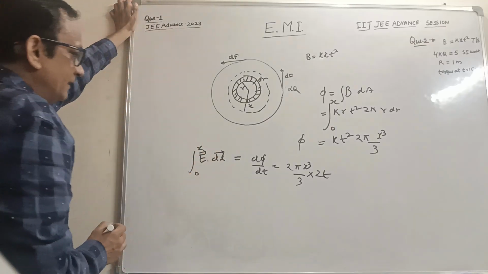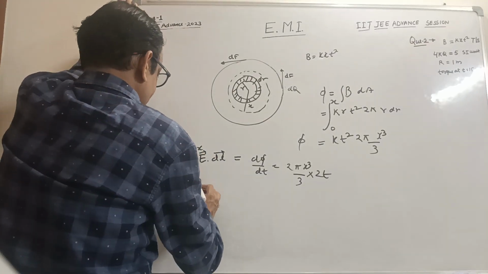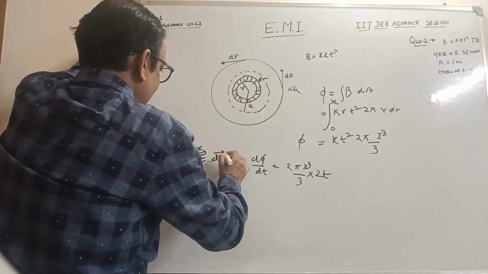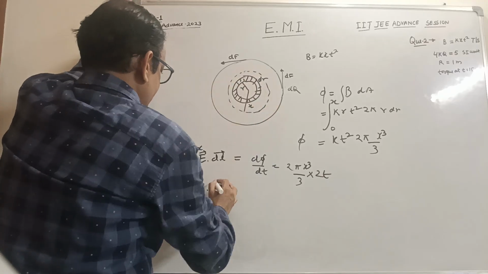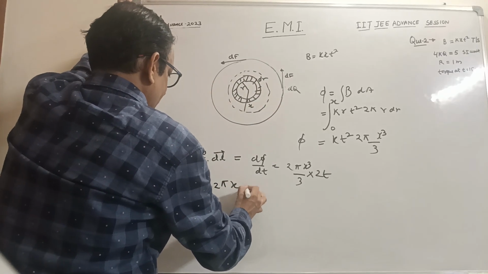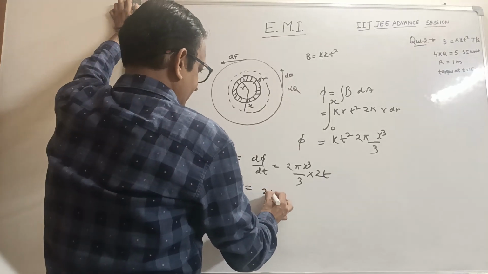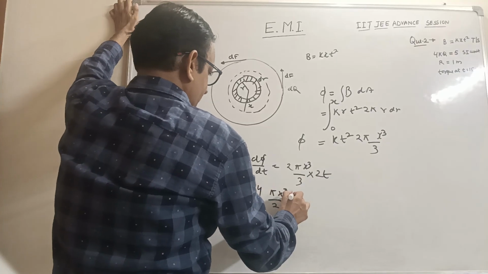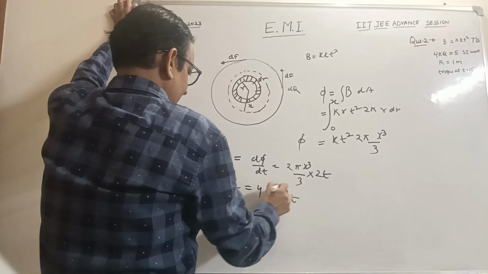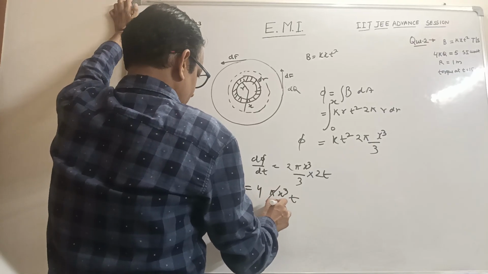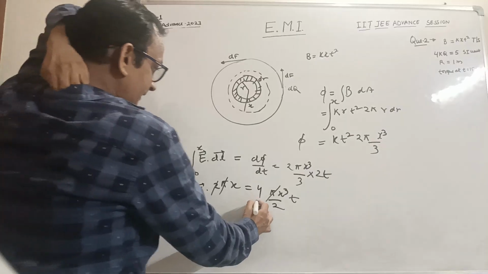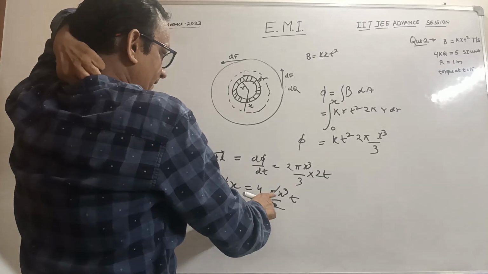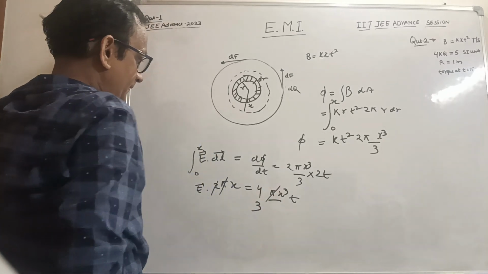So E into dl, the electric field into dl, where 2 pi dl becomes 2 pi x. So this would be 2 pi x cubed by 3 into 2t. The pi cancels out, 2 and 2 make 4, and this becomes 3.